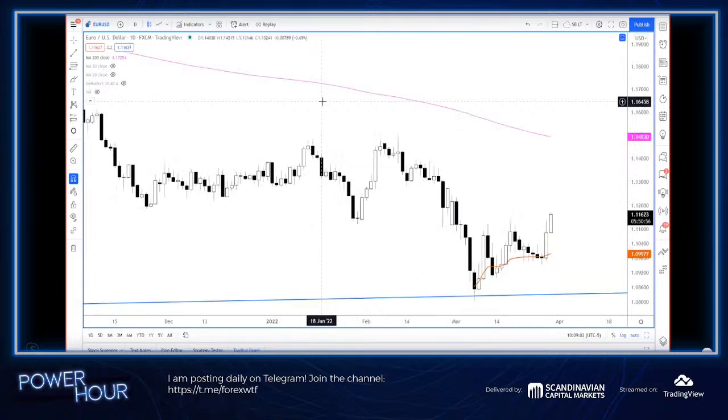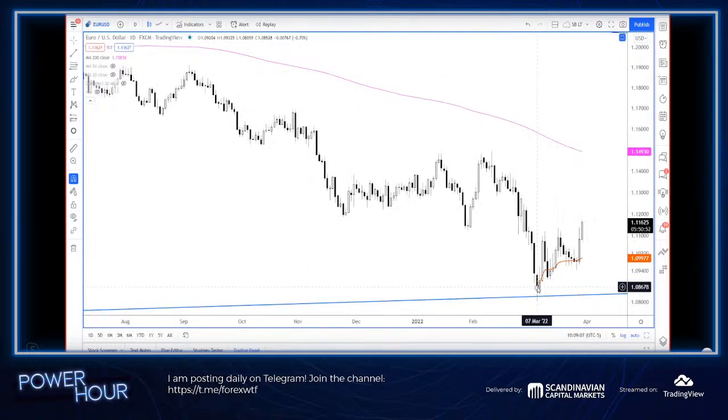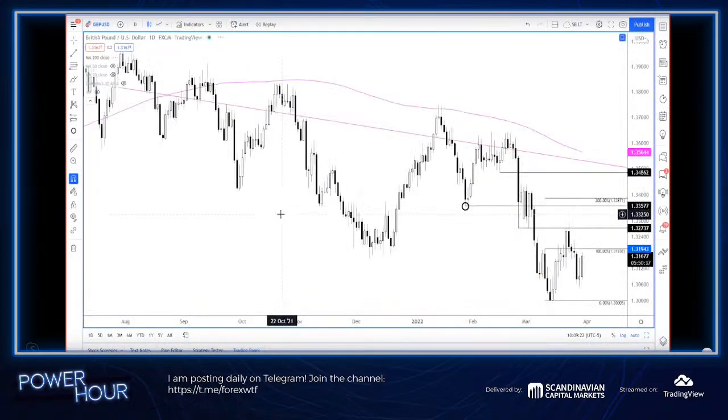Take a look at pound. By the way, you can see the little tricks here. Back when we bottomed in March and started holding up, throw a VWAP on the low, you can see how well that's held on the way up. Okay, British pound.